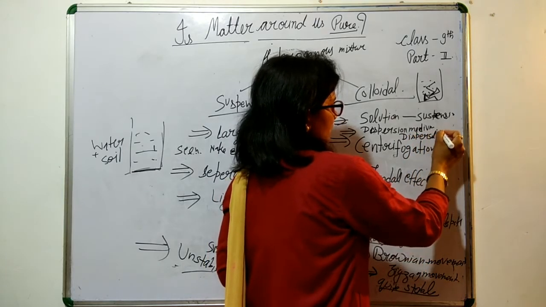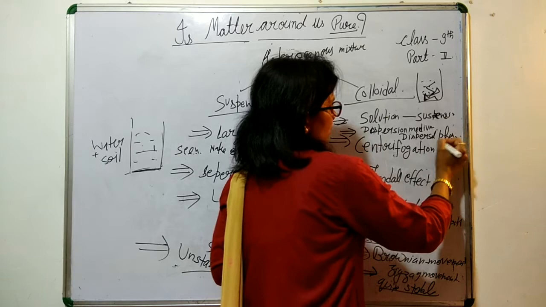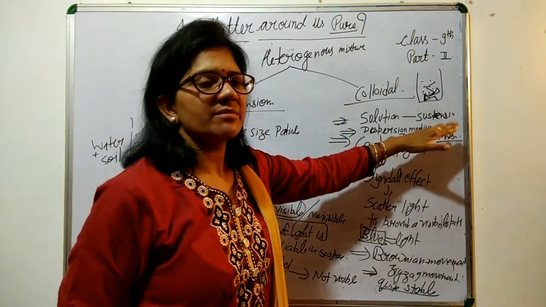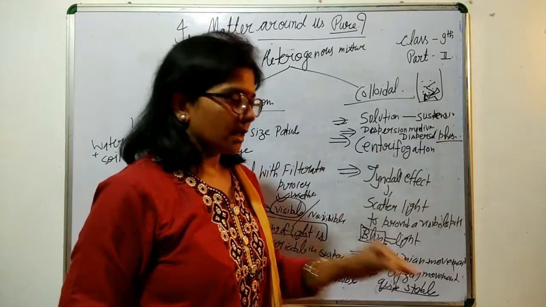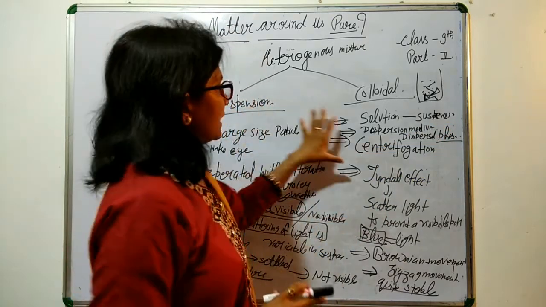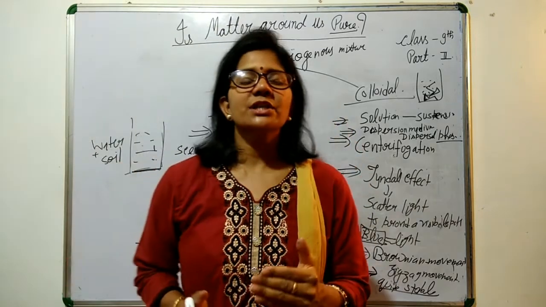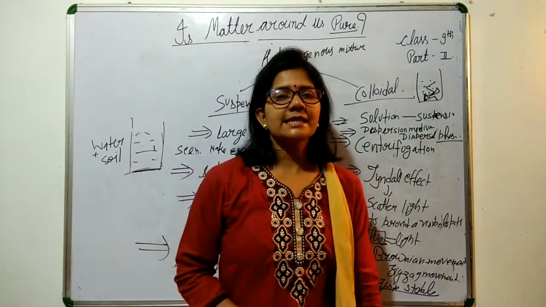The dispersed phase is analogous to the solute, and the dispersion medium is analogous to the solvent. At the end, I will provide you some special types of colloids. Let's see them.